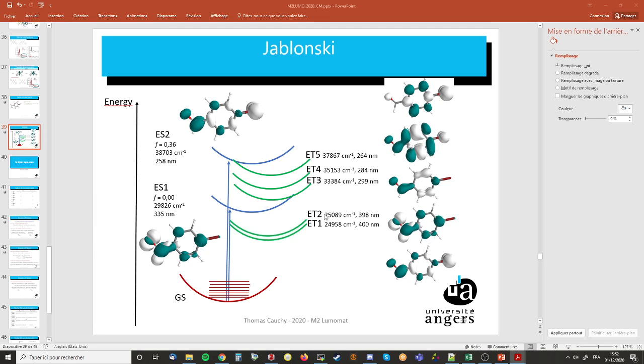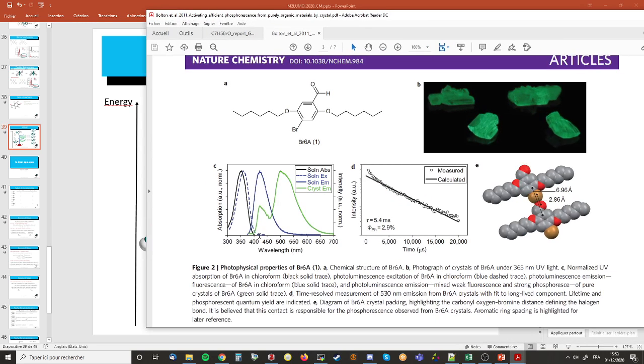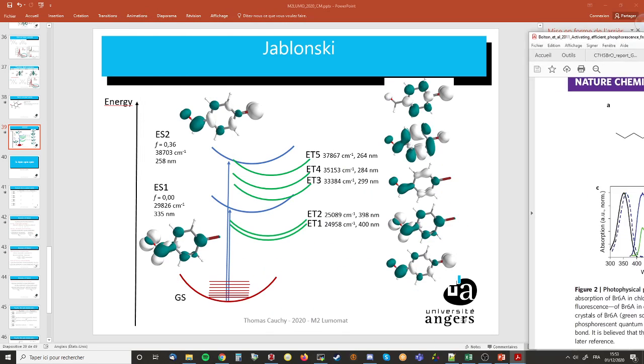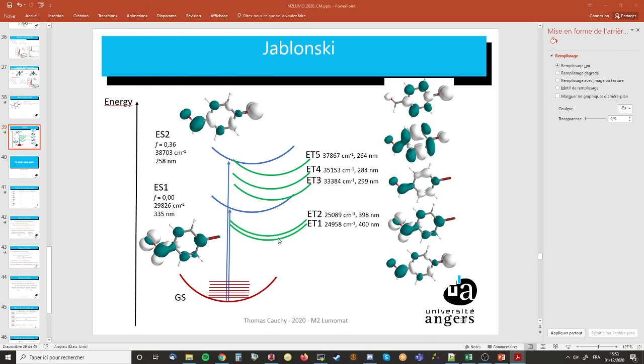If you look at the energy of the triplet, it's 400, and we are expecting a solution emission between 400 and 450. So could be possible.